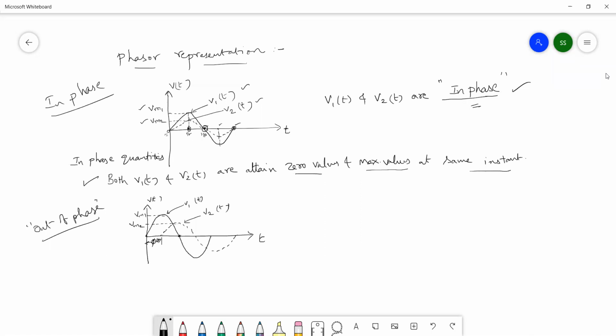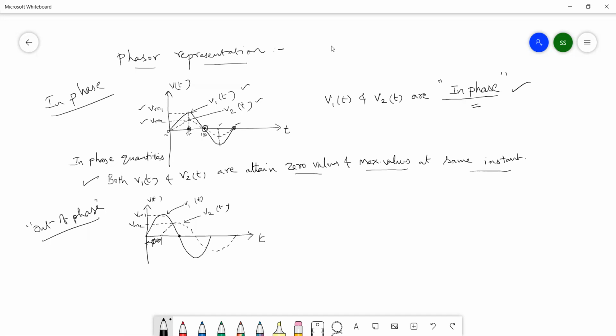Again, in out of phase quantities, we can do an in-depth analysis of how one leads or one lags with respect to the other waveform. We are going to identify that. See here, which one is leading, which one is lagging? Which waveform started early out of these two?